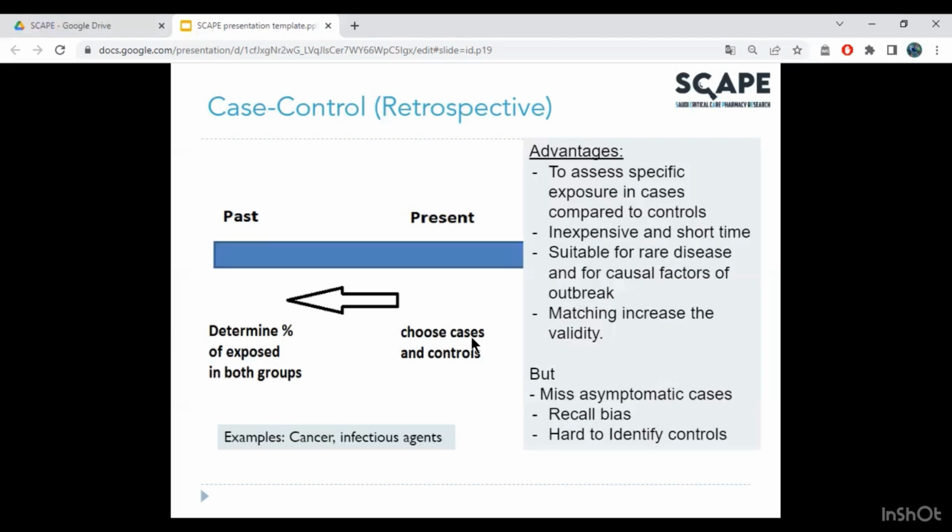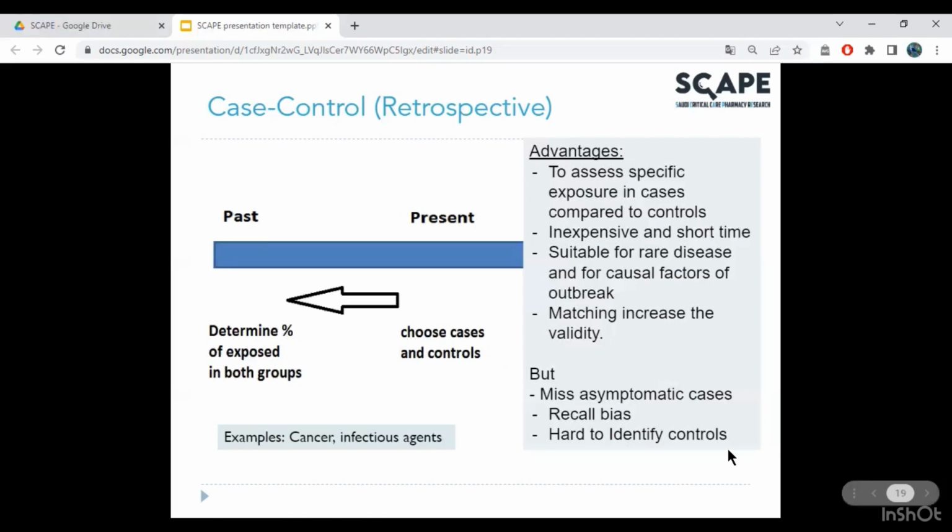Like in Corona time, when you ask someone who has been diagnosed with a positive PCR, he will count all the persons he has met during the last week, and he might think that they are all sick people, so he got the infection. So this gives you an overestimation of the exposure. While in controls, they might underestimate the exposure because they don't feel it is serious or necessary to be reported, because they don't have the disease.